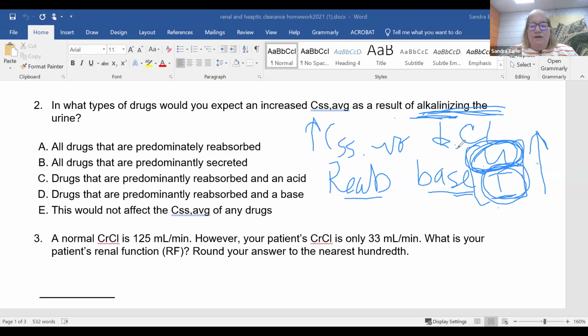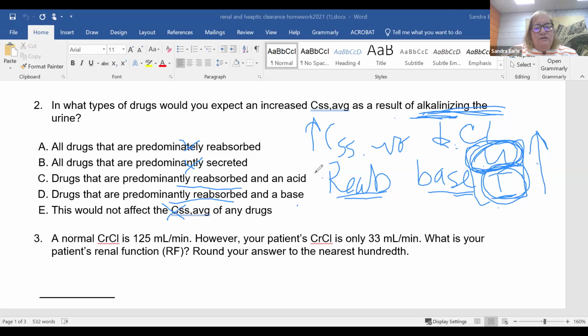Alkalinizing the urine is going to affect secretion as well. So we need to decide, is it an acid or a base?